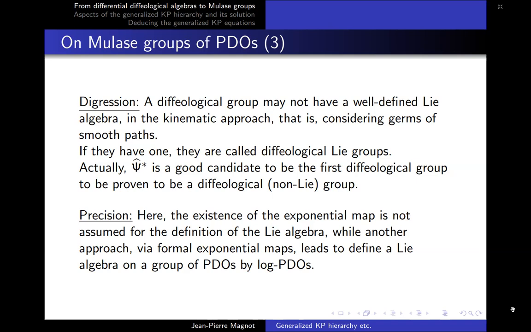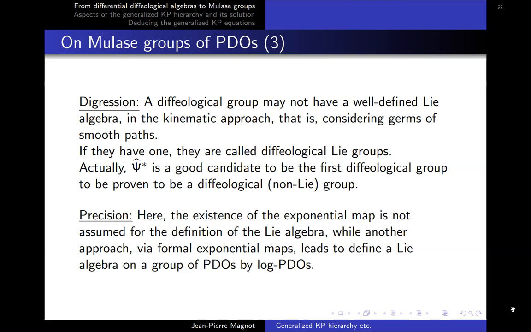The germs of smooth paths passing at the identity form a diffeological vector space. But there is a problem for the adjoint action. There is a problem because this tangent space can be very big. For example, if you take R2, there is a diffeology for which this tangent space is of uncountable dimension.